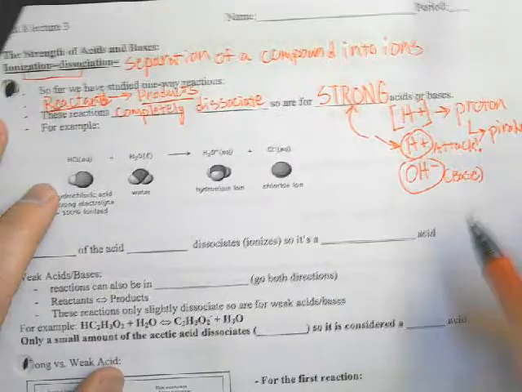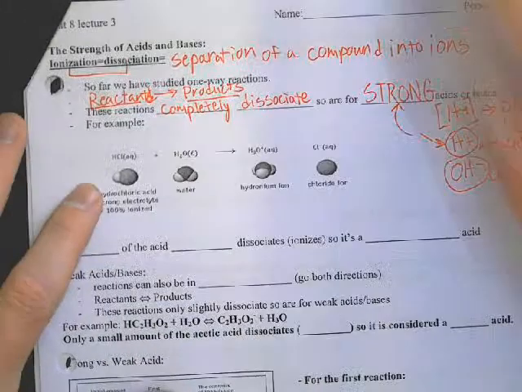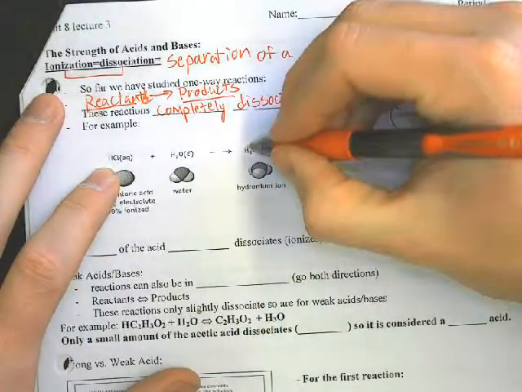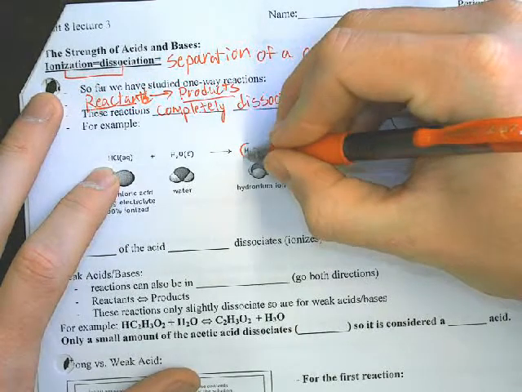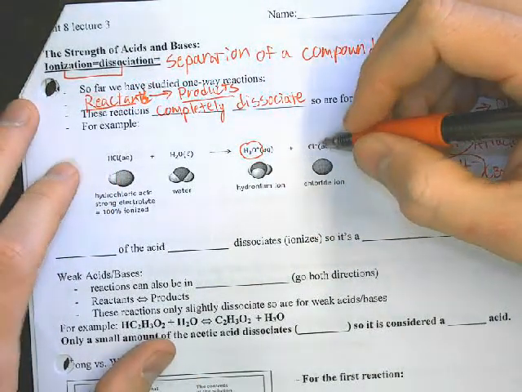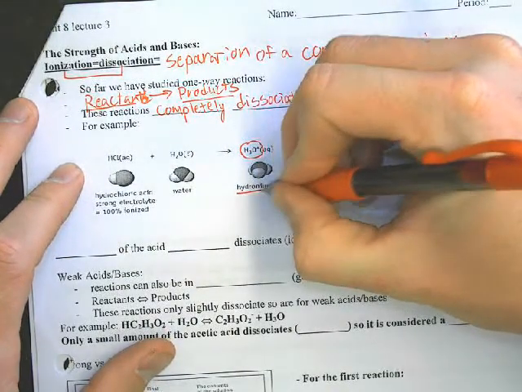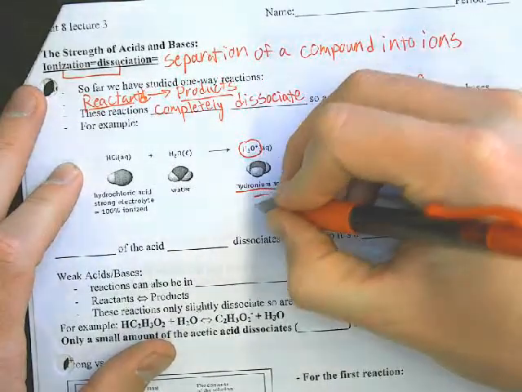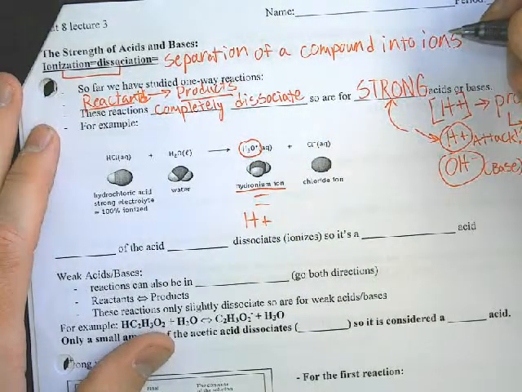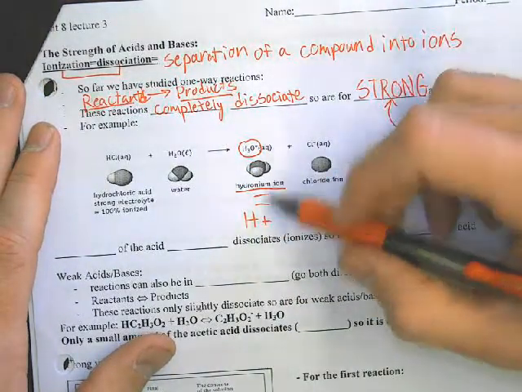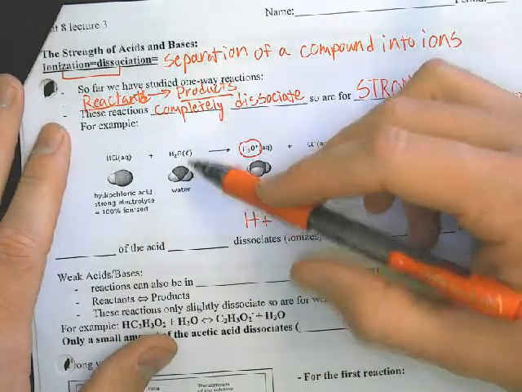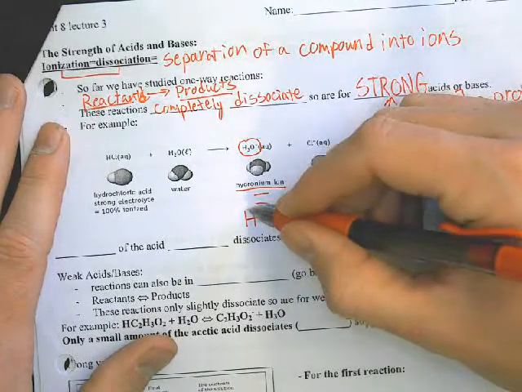So here's an example. We've got HCl plus H2O going into H3O plus, which I'm going to circle, plus Cl minus. Now, think of this hydronium ion as being equal to an H plus ion, because hydronium is just an H plus hanging out on the water for a little bit, and it's still just as lethal.